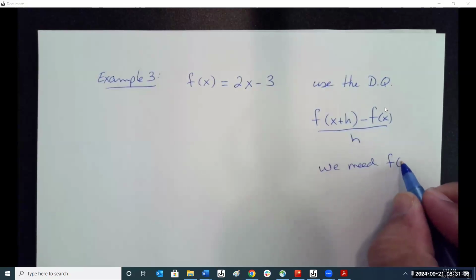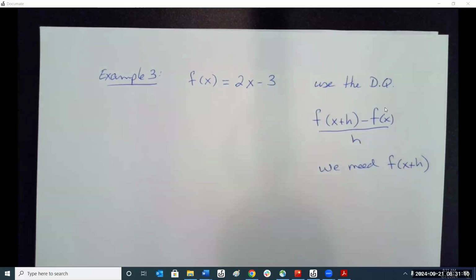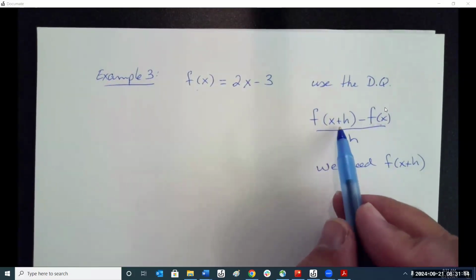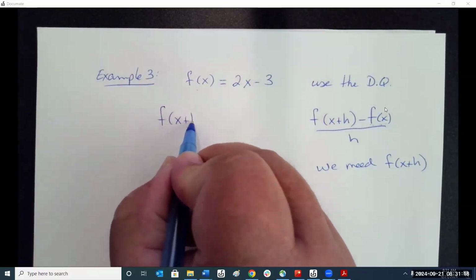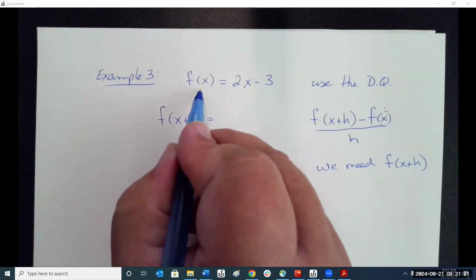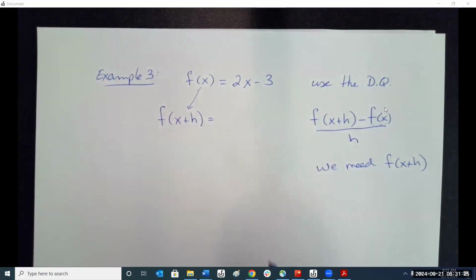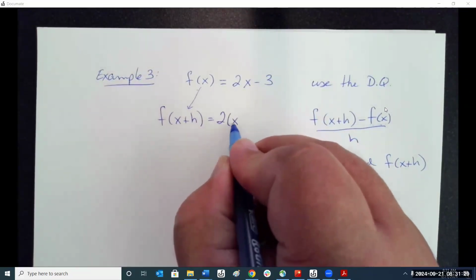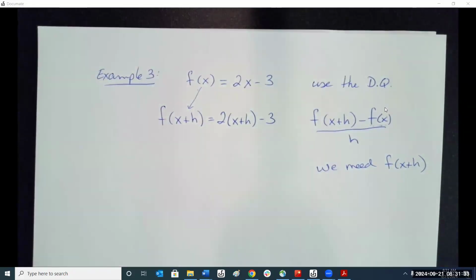We need f of x plus h, because we're given f of x. We just have to find this. So anywhere I see an x, I just put an x plus h. There's a 2, there's an x, so I put an x plus h. And there's my equation for f of x plus h.